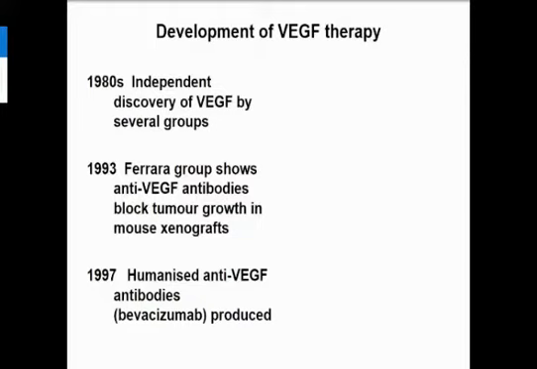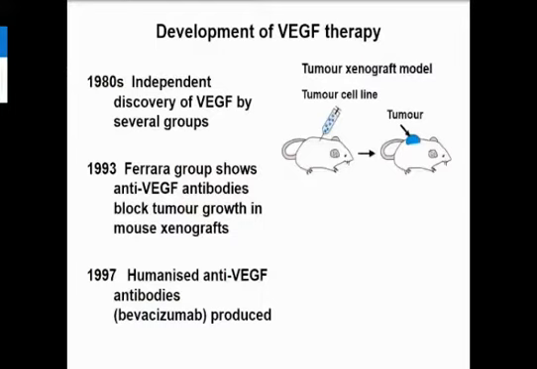And then in 1993, the Ferrara group showed that they could make anti-VEGF antibodies, and that would actually block tumour growth in mouse xenografts. And then in 1997, we had our first humanised antibodies produced, and this one called bevacizumab is actually the Avastin.